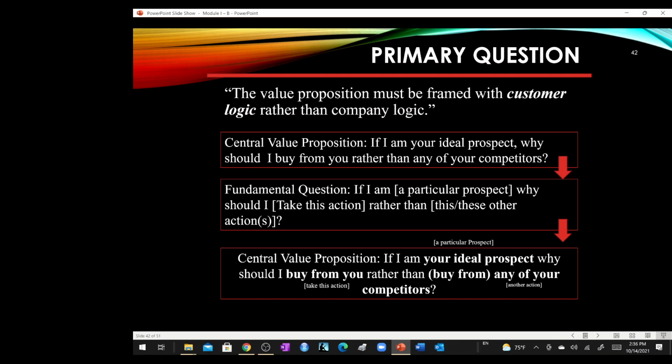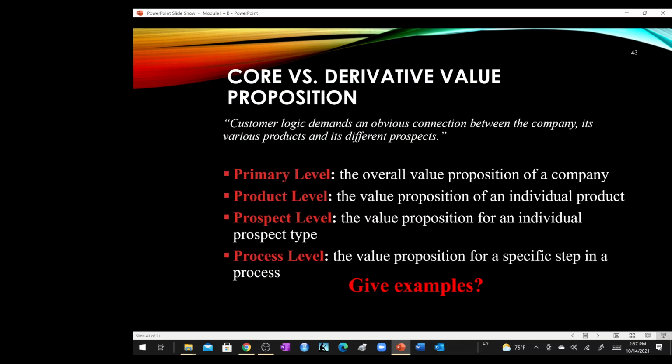So the central value proposition is basically answering the main question. You don't have to badmouth the competitors, but you can shine by telling us why you are different.